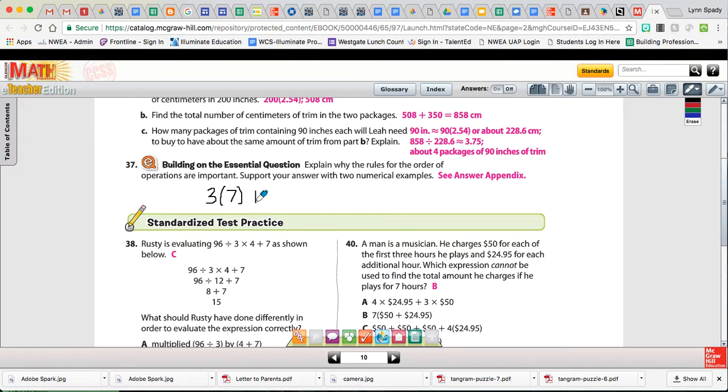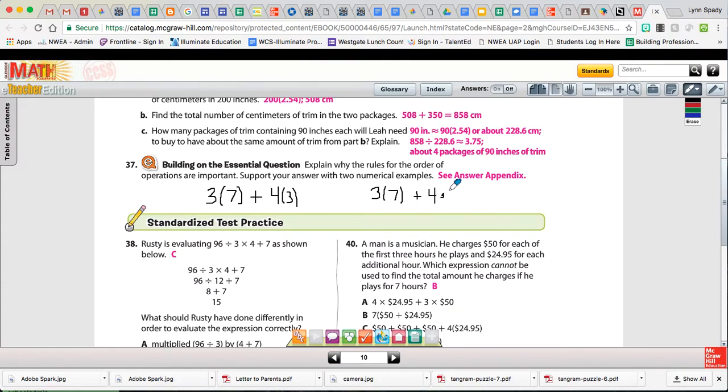And then plus 4 field goals, and the field goals were each worth 3. If we didn't have an order of operations, we'd have 3 touchdowns, which is 3 times 7 points, and then plus 4, and then times 3.